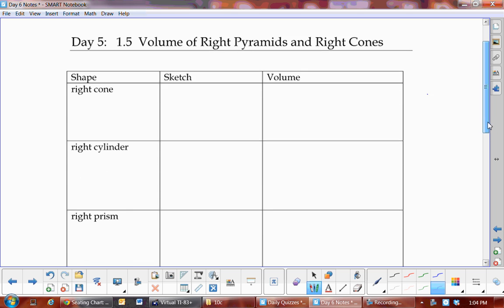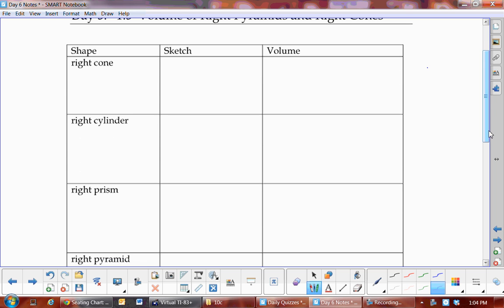Now, we're going to do these in the order that they existed, and we're going to start with the right cylinder, aka the circular prism.